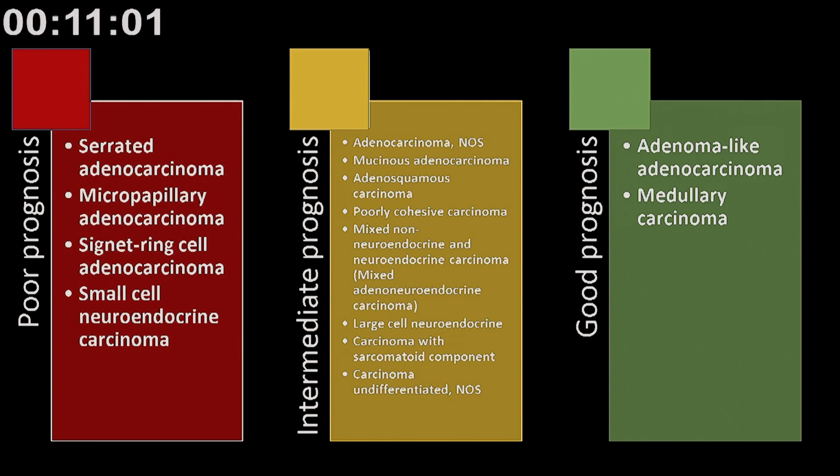All these have intermediate prognosis. And bad prognosis is for signet ring cell carcinoma, small cell neuroendocrine carcinoma, serrated adenocarcinoma, and micropapillary adenocarcinoma.